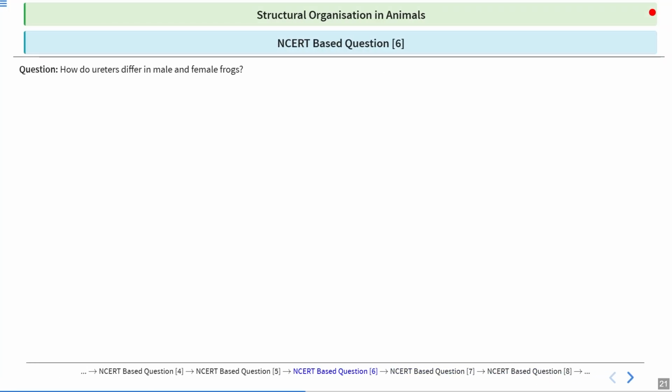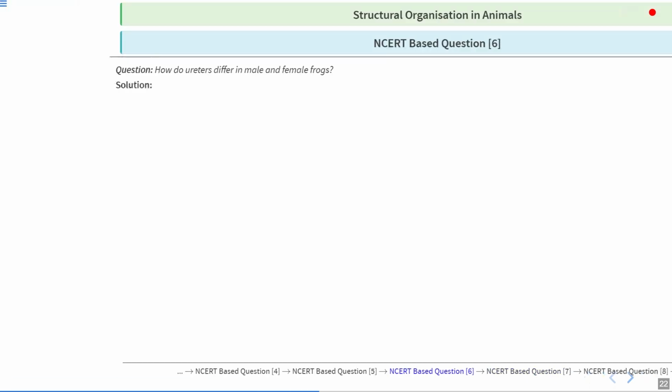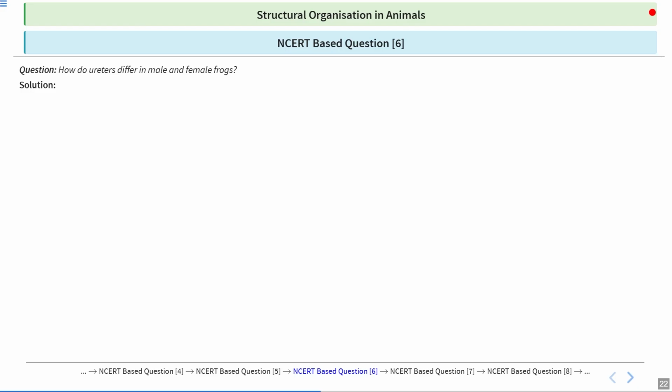Next question. How do the ureters differ in the case of male and female frog? Let us see the answer to this question. In the male frog, the ureters serve a dual purpose, acting as a urinogenital duct that carries both urine and sperm to the cloaca.